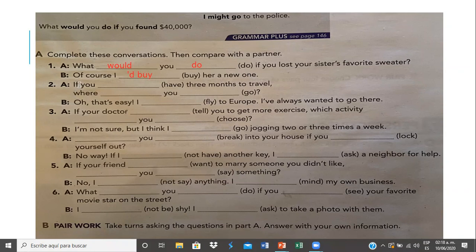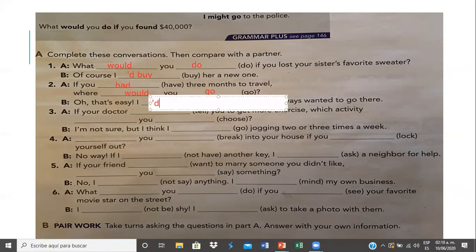2. If, here we have the if part. So this verb is going to be in past. If you had 3 months to travel, where, we have the question, where would you go? Oh, that's easy.